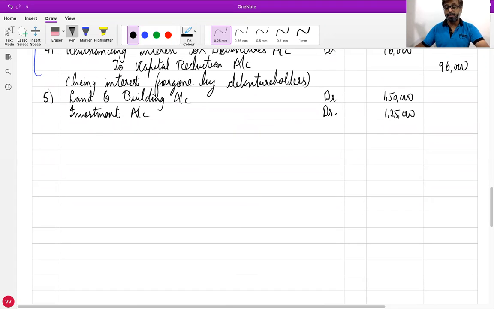And then to capital reduction account, what amount?